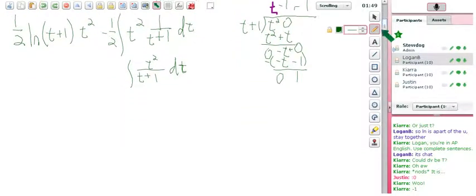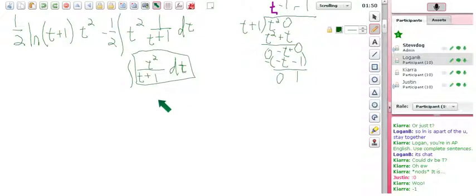I'm just going to scroll down here, make some more room. Question, Justin? Was the long division really necessary? Yeah, because what we're about to do is rewrite this using what we just did with our long division.